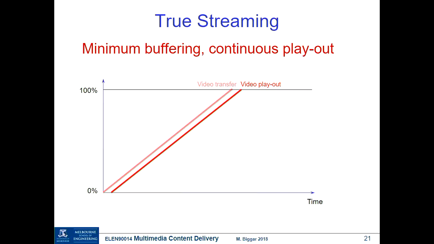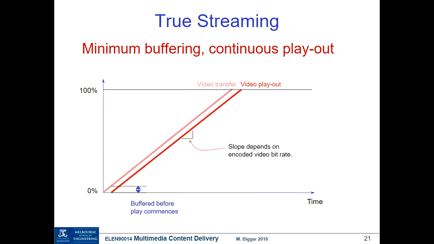True streaming, what you might call true streaming rather than progressive download, is where we can somehow try to match these. So the idea is that we have minimal buffering before we start to play out. So we only download a little bit before we start playing. And then we try to maintain the transfer rate at a slope, that is a bit rate, that is tracking, in some sense, the actual play-out rate.